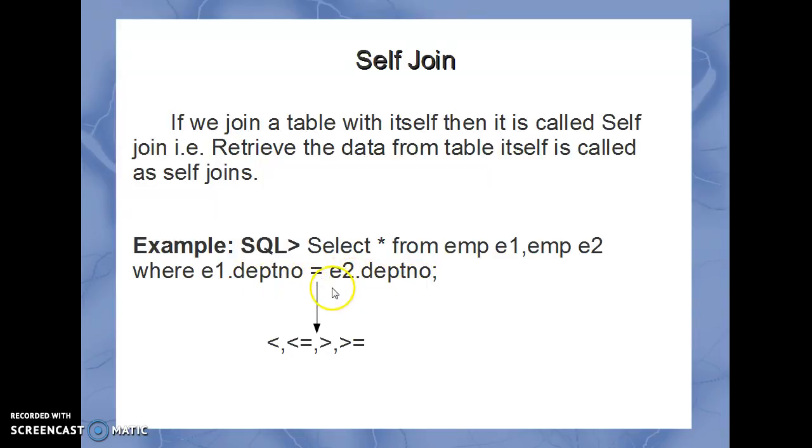If the condition is satisfied, it retrieves the data. That means a table can be joined with itself. That's called a self join operation.